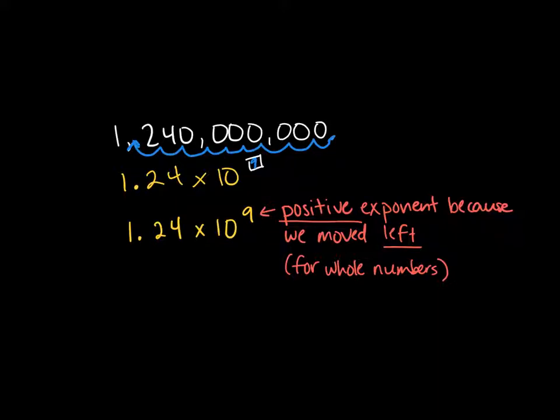So direction matters. If you move left, your exponent is positive. Another way to look at this is to remember that the exponent will be positive for whole numbers. So we said that we use scientific notation for either very, very large numbers or very, very small decimals. So for the larger numbers, you're going to have a positive exponent. Next, I'll show you that for small numbers, for those tiny decimals, you're going to have a negative exponent.